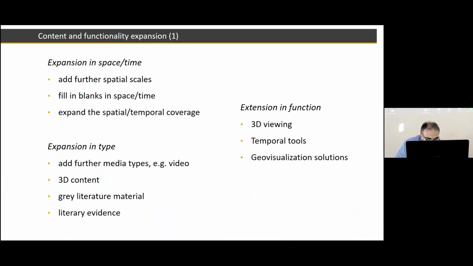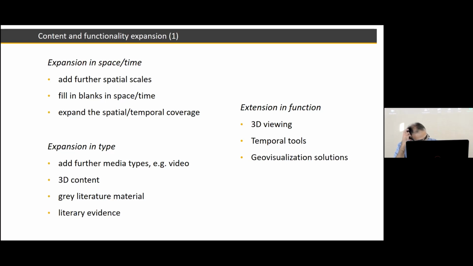Usually, completing a mapping isn't as simple as it seems. There are always opportunities to search for new content that can expand both the spatial and temporal coverage of our mappings. We can search for data outside the limits of our initial boundaries or try to fill in blanks in space and time. We can even include data of various scales.